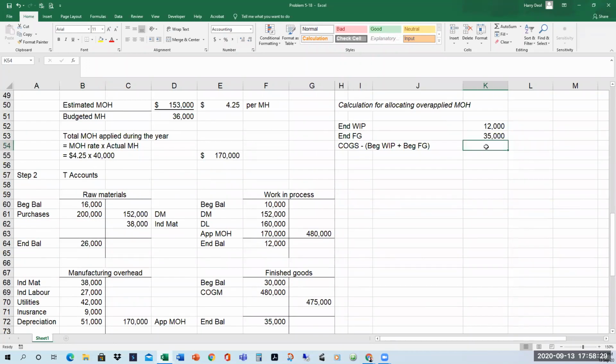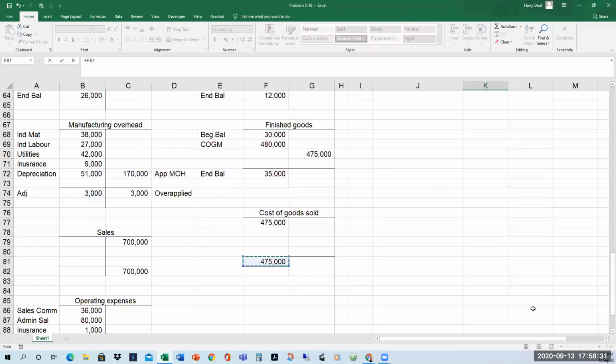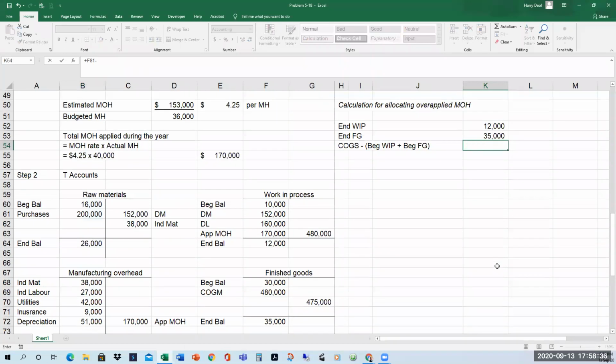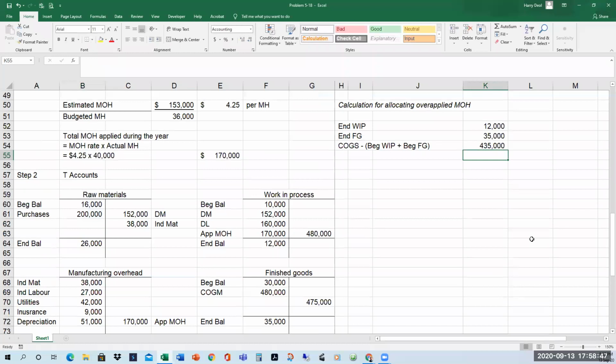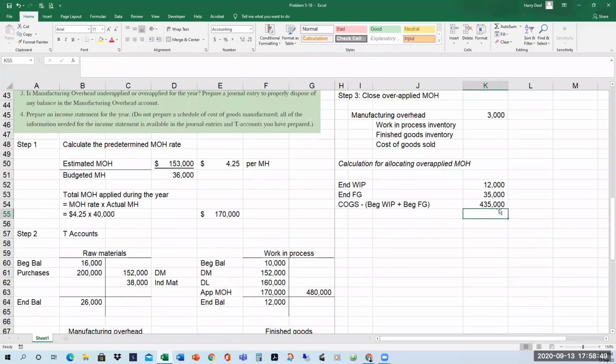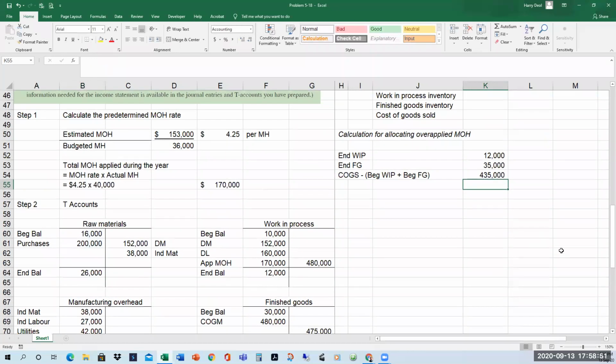So for cost of goods sold, $475,000, we want to take away the beginning work in process, which was $10,000, and the beginning finished goods inventory, which was $30,000. So taking those numbers away, we get $435,000 remaining. Add these up, we get a total of $482,000.